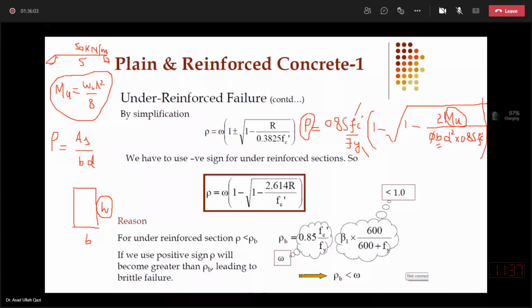So after selecting the cross section, you will also be assuming at this stage how many steel layers you will end up with and what will be the comfortable cover which will fulfill all the code requirements, so that the resultant effective depth which you estimate will be used here.